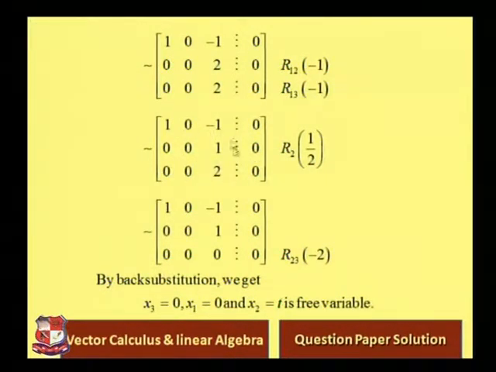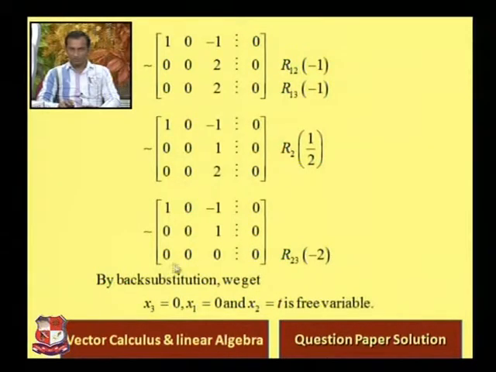Now using this one, convert this to 0 by R3 minus 2 R2, so this is 0. Now this row satisfies the condition, that means the equation with all 0 coefficients equal to 0 is possible.